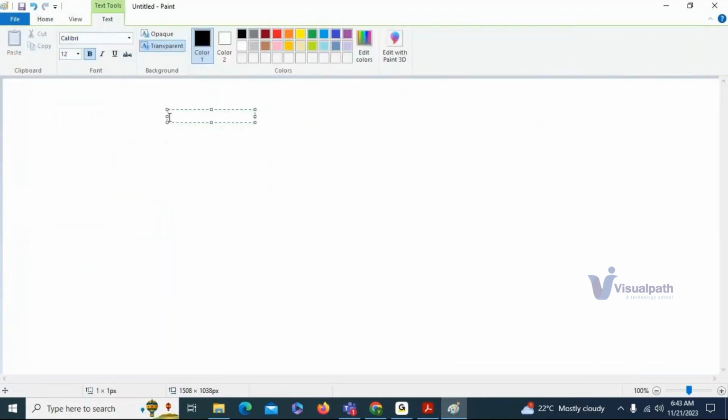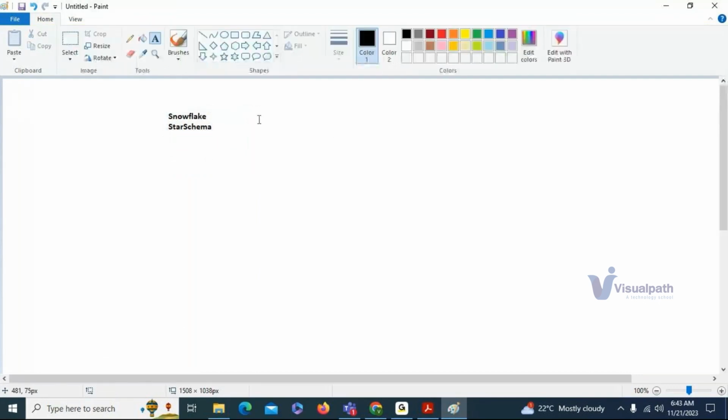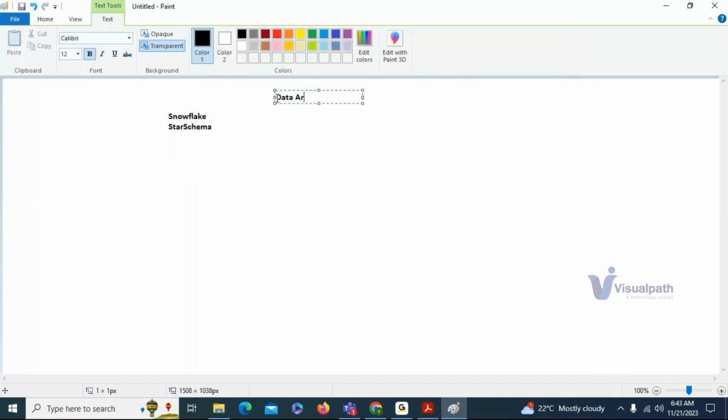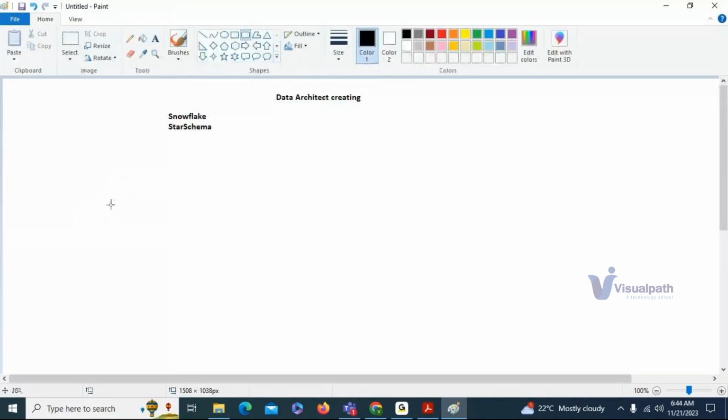So snowflake schema, star schema, what will you do? There will be a data architect in your organization who will be creating this. Let's say you take HR tables.